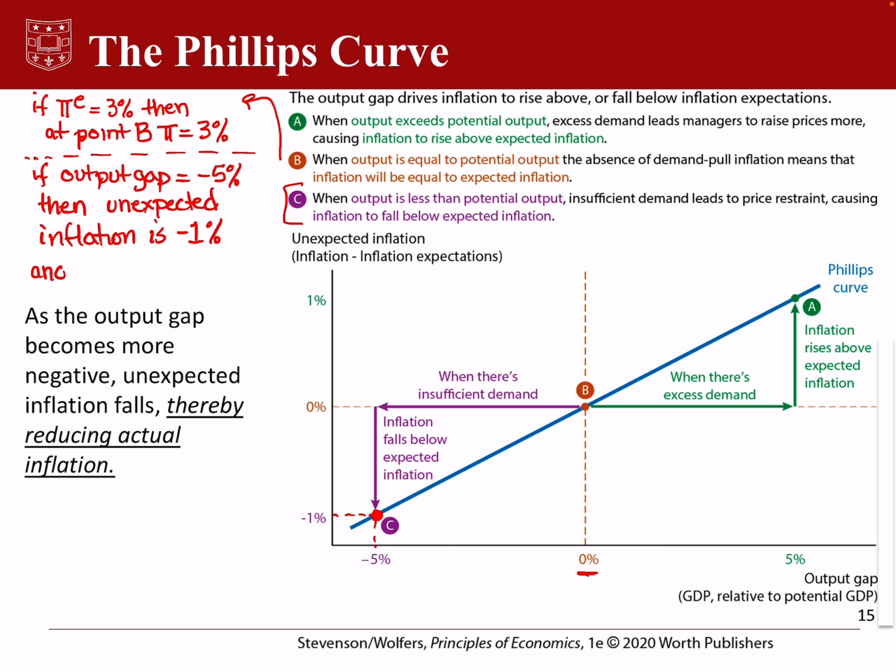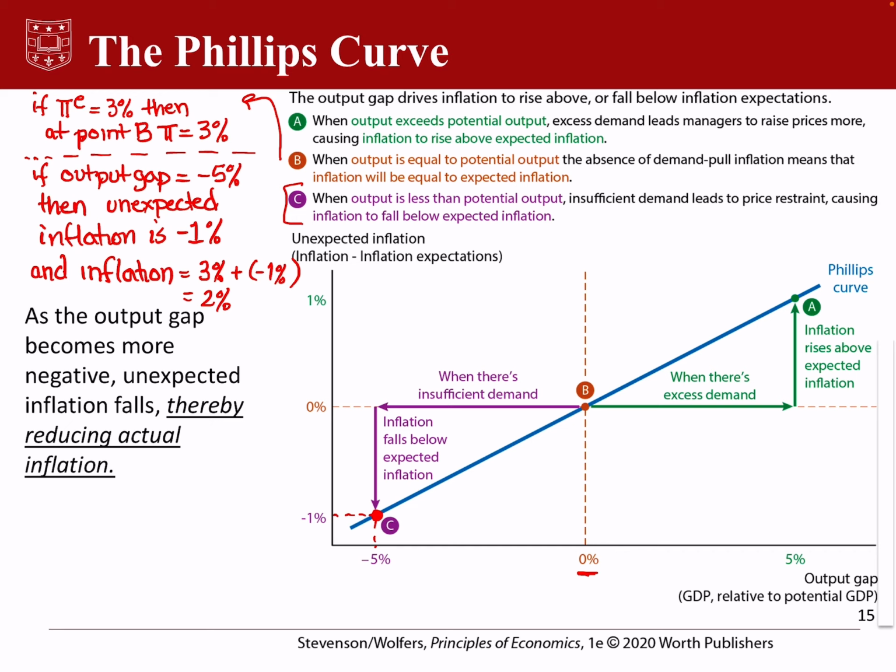And we would infer that actual inflation is the amount that was expected plus the amount that is due to this demand pull factor, which in this case is negative. And so actual inflation is 2%. So again, as the output gap becomes more negative or less positive, unexpected inflation falls.